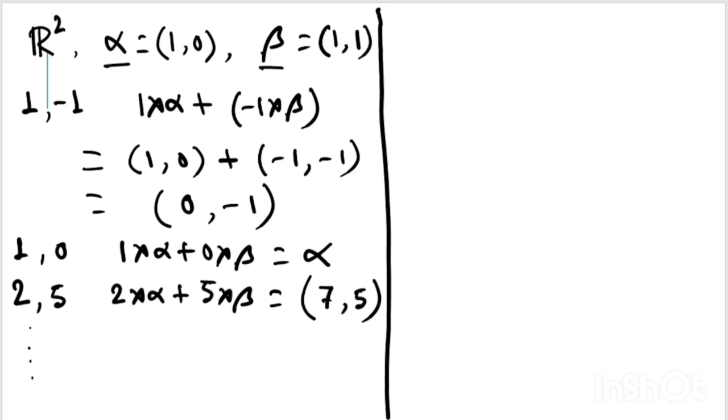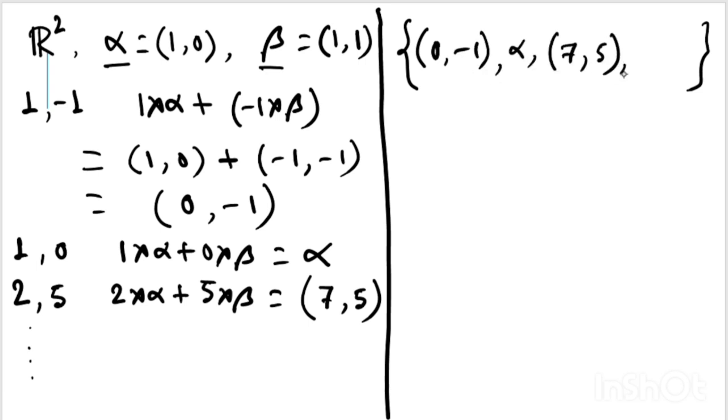Now let's take all these vectors in a set. There I am taking all these combinations, like 0 and -1, then alpha itself, 7, 5 and so on.